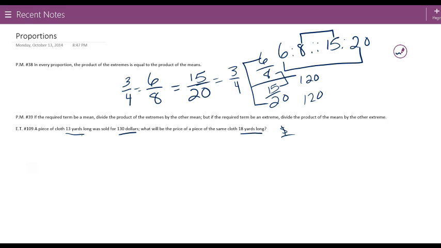If you decide you want the 13 and 130 to be 13 over 130, you need to make sure that your 18 yards is at the same place in its proportion, or its ratio.